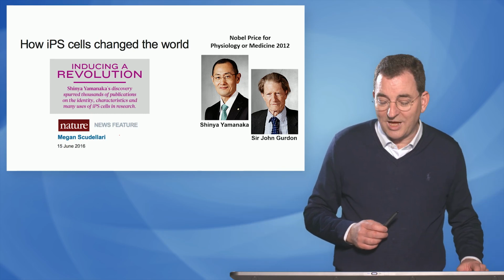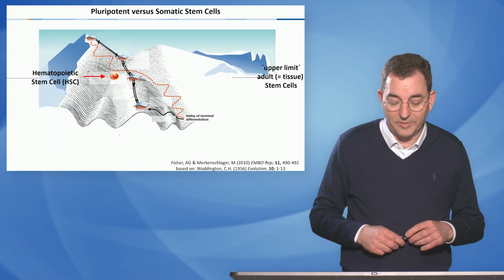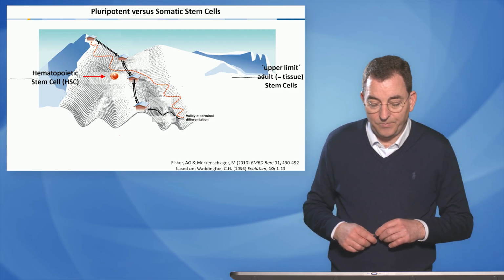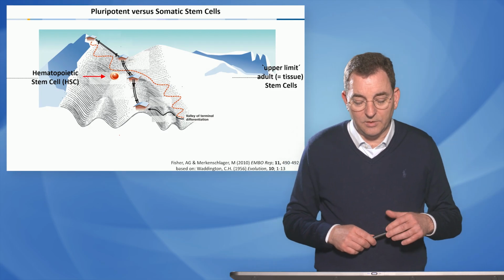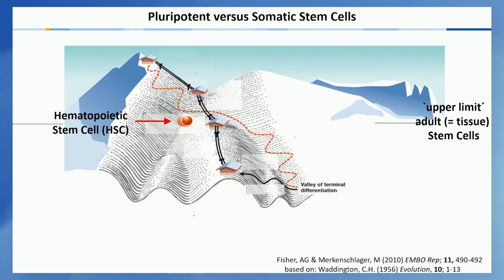So what's happening during the reprogramming process? Well, just imagine a hillside. You have valleys where certain cells just drop down. They can go down one valley and become, say, erythrocytes. It would be a hematopoietic stem cell. It can do nothing more. It could also differentiate towards granulocytes, producing neutrophils.